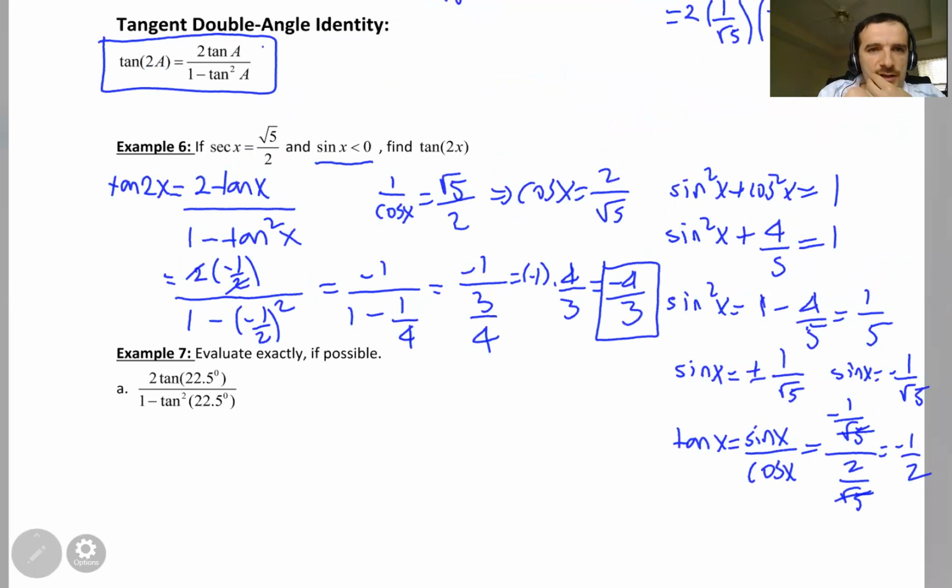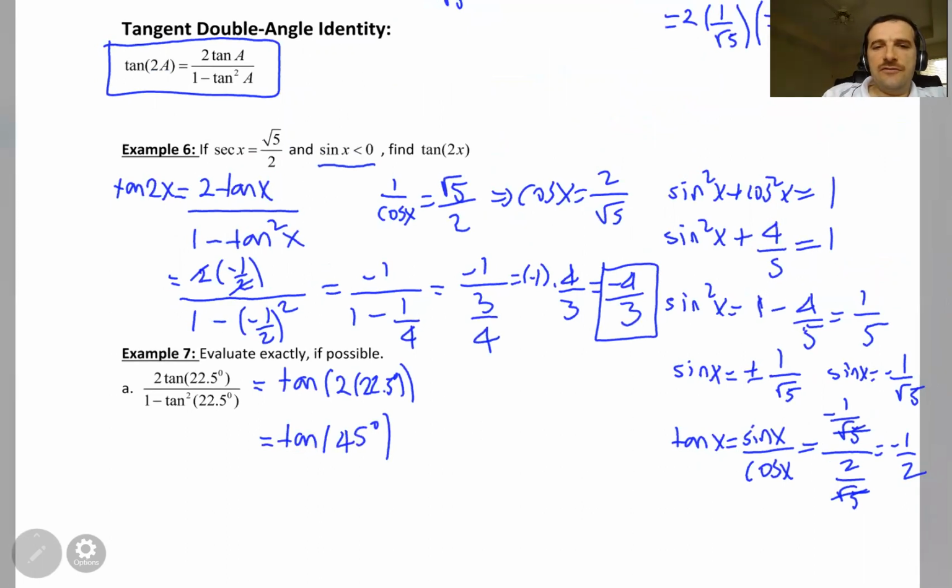So in this formula, A is 22.5, right? That's why this is actually equal to tangent 2 times A, 2 times 22.5 degrees. And 2 times 22.5 degrees is actually 45 degrees, right? So that's equal to tangent 45 degrees.